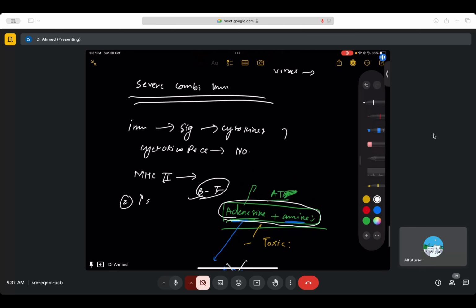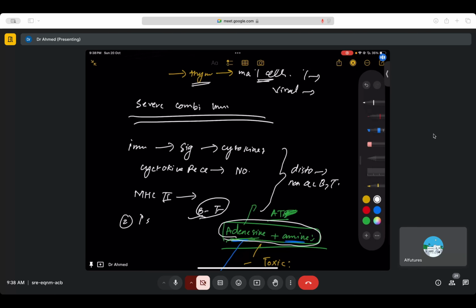So all of these three mechanisms lead to destruction or non-activation of your B and T cells. This condition is basically known as severe combined immunodeficiency syndrome. If your B cells and T cells aren't functional, if I have certain cytokine defects, I cannot activate my B and T cells.